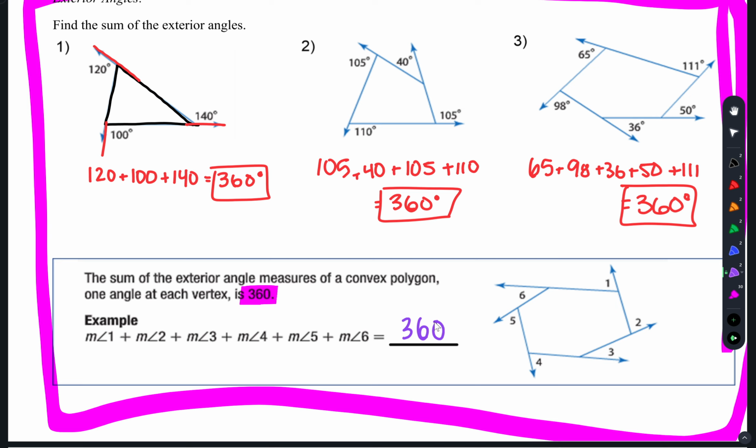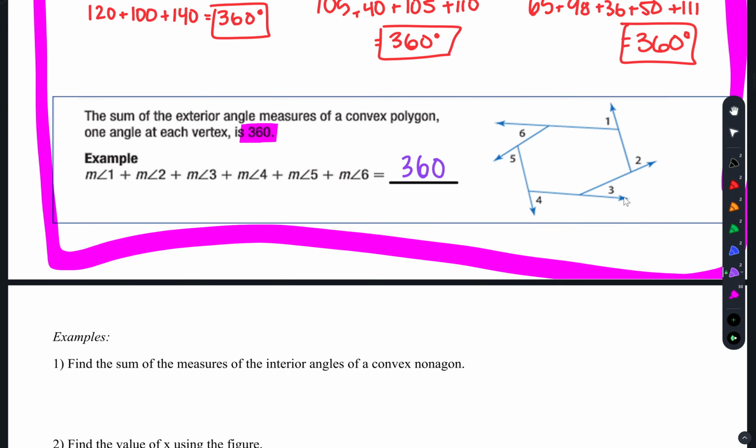Really quick before you turn over, because I know you're turning your page, I just want to add a little note on the bottom here. If I wanted to find one exterior angle of a regular polygon, and they're all the same because it's regular, let's put that note in here.